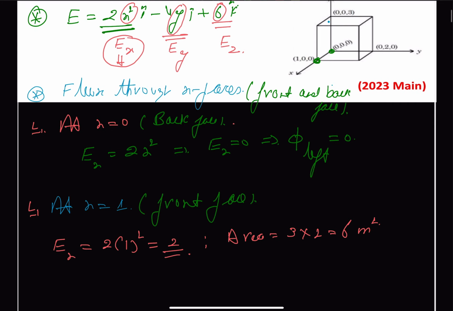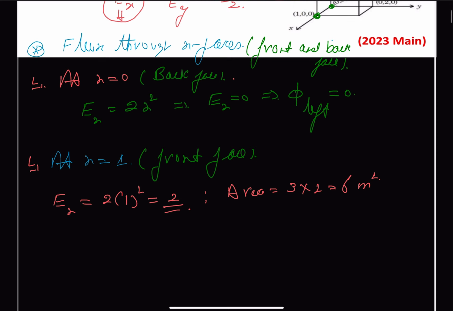So we can say our flux through the front face will be E of x multiplied by area, which gives us 2 times 6, coming as 12 Newton meter square per coulomb.